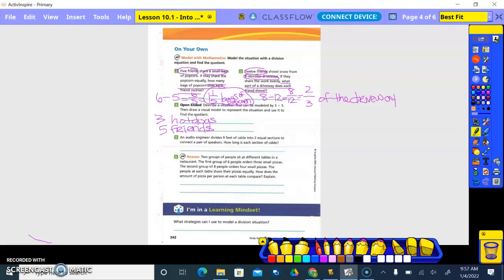Okay, so what's our total? The 3, right? So 3 divided by 5 equals what? 3/5. So we would have 3 wholes, right? And we need to divide each of those into what? Into fifths, right?